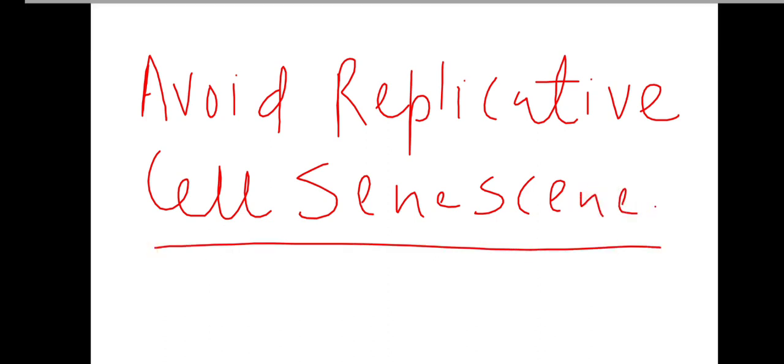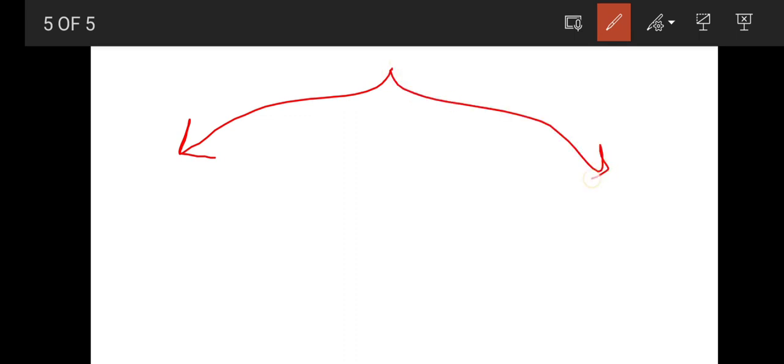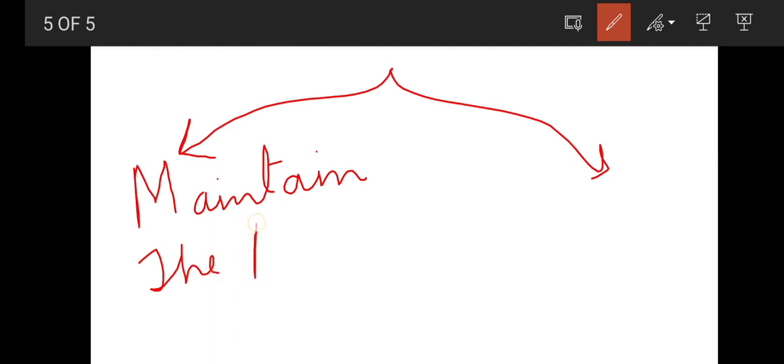So how do they avoid this replicative cell senescence? They avoid it in two steps. First, they will maintain the activity of telomerase.